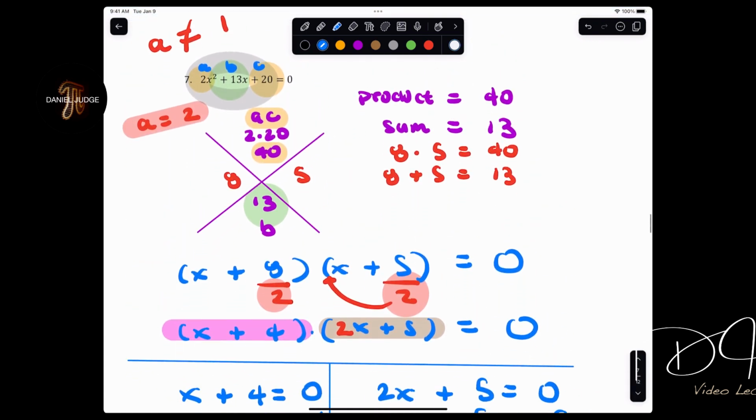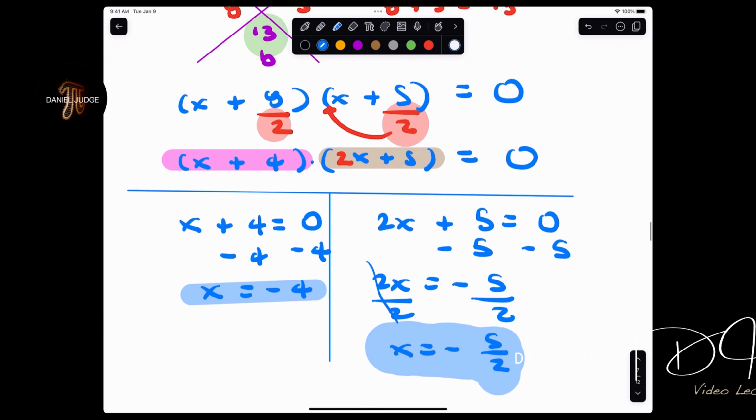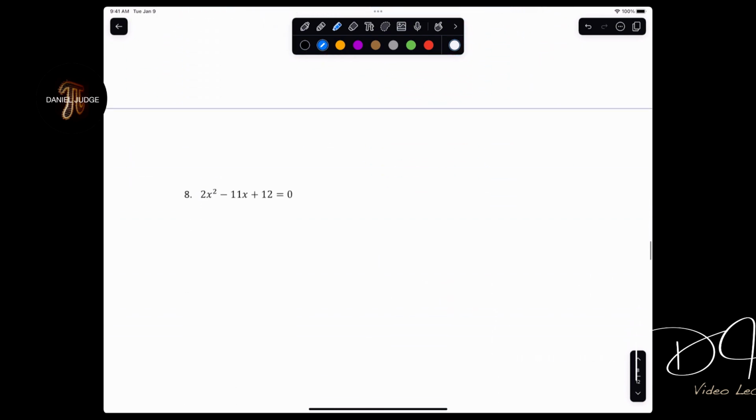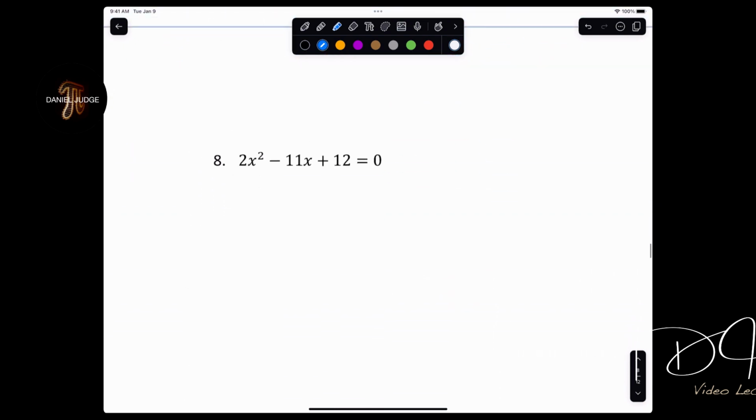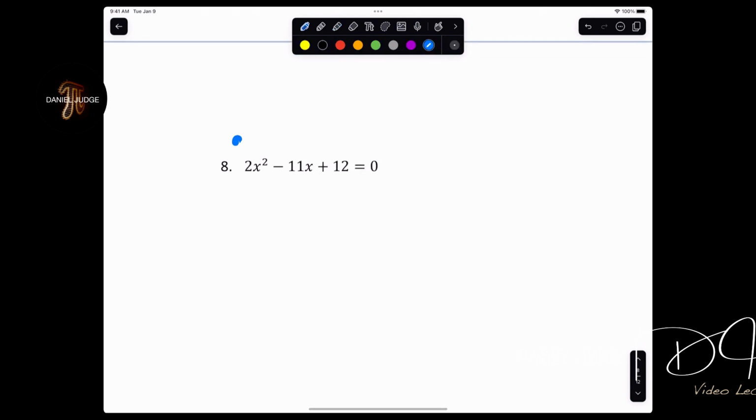There it is, number 7. You notice again, A, B, C, and you say, in this case again, A is not 1. A is positive 2. So we're going to use the crisscross method.